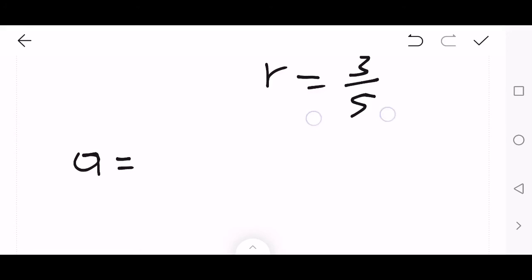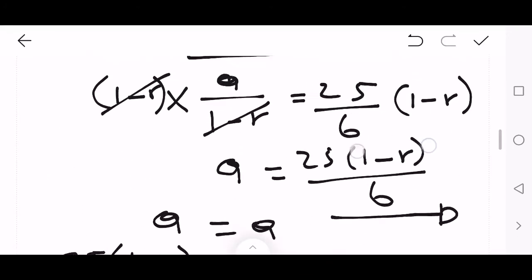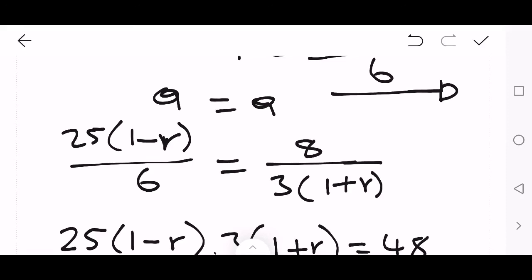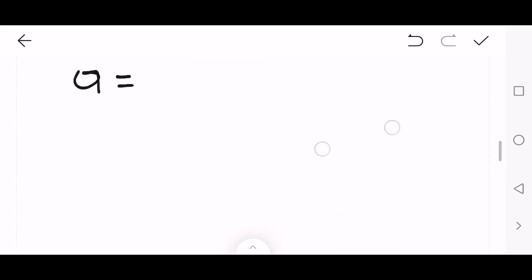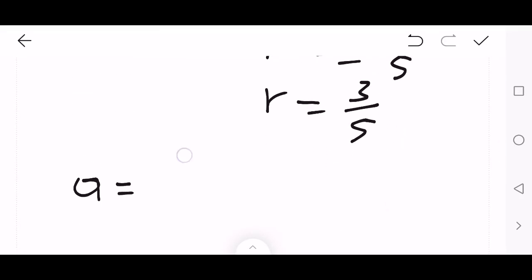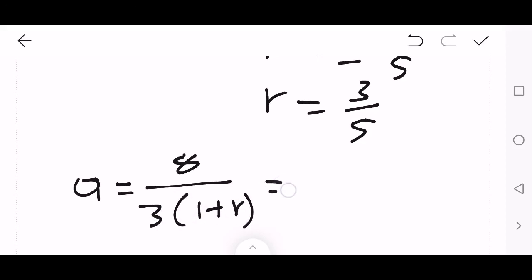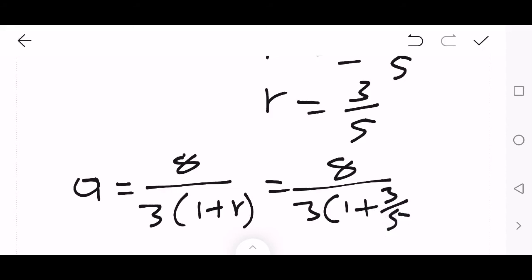So we can go ahead and take this one, which says a equals 8 over 3 into 1 plus r, and equals to 8 over 3 into 1 plus 3 over 5, because we've already defined that r is 3 over 5, and a will be equals to 5 over 3.